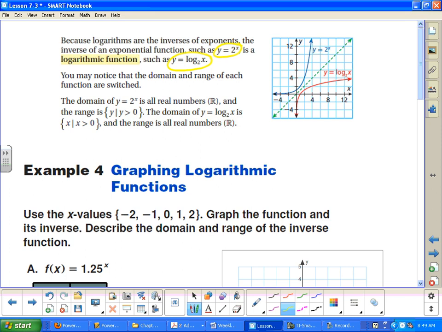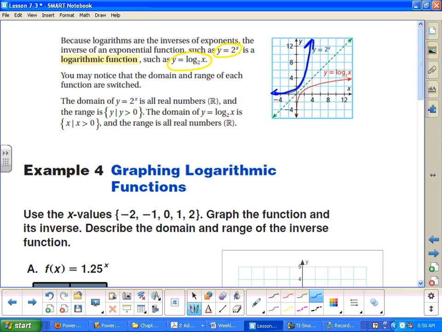You may notice that the domain and range of each function are switched. That's the thing we noticed last week when we were talking about inverses. The domain for y equals 2 to the x power is all real numbers. I can put in any number I want for x and get an answer.